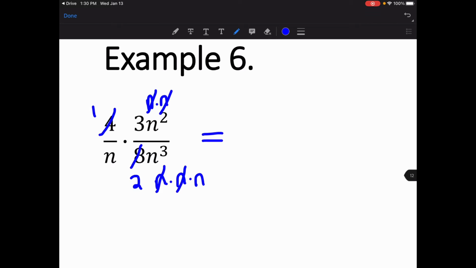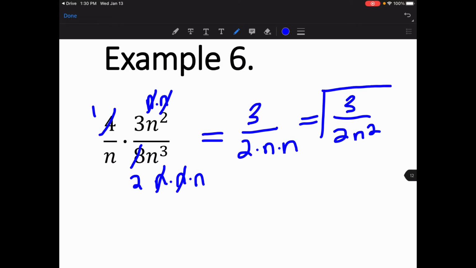So now that I've simplified it, I'm going to do 1 times 3 gives me 3, all over n times 2 times n. So this is 2 times n times n. And one last step: because I have 2n times n, n times n gives me n squared, therefore my answer is 3 over 2n squared.